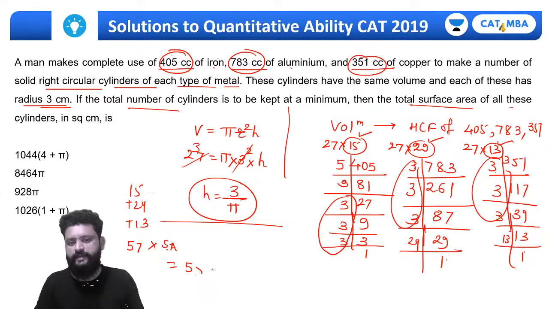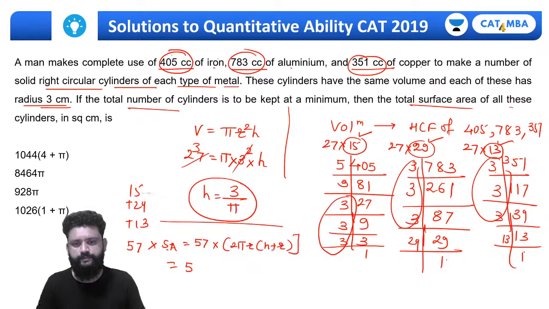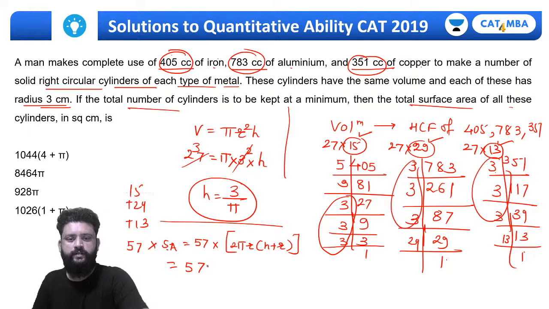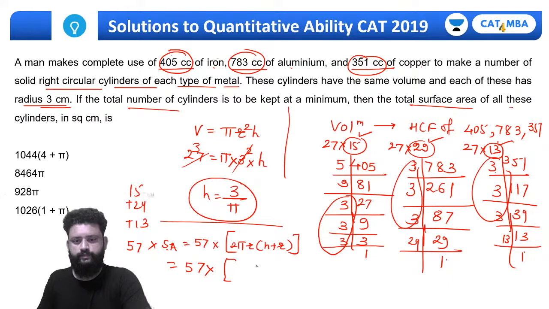That is 57 times cylinder का surface area is 2 pi r in bracket h plus r. So this is 57 into 2 pi into 3 into 3 by pi plus 3.